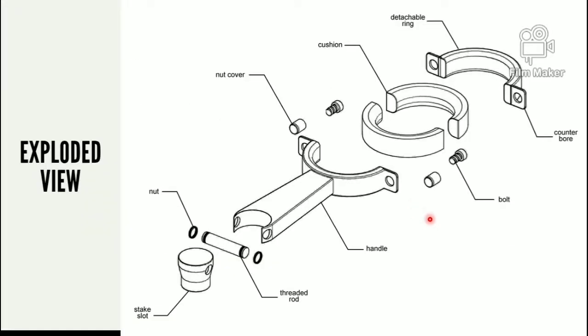For the exploded view, here are the parts: the stake slot, the rod and the nut, the handle, the nut and the cover, or the bolt, the cushioning, and the detachable ring.